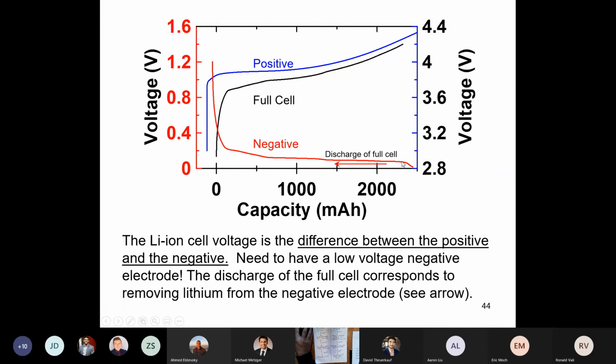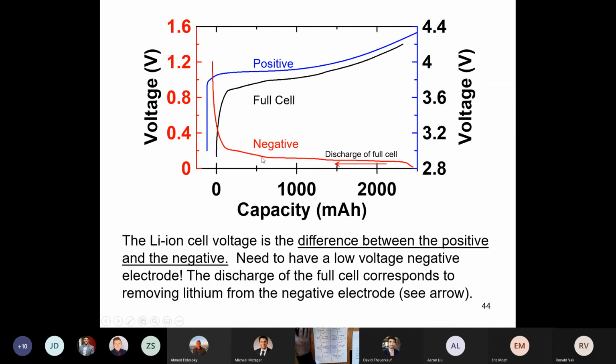And when you're discharging the lithium-ion cell, the lithium ions empty the graphite and fill the positive. They want to be in the positive. They're more tightly bonded in the positive. So that's what happens spontaneously when you connect the wires. The lithium moves through the electrolyte as ions, electrons in the wire, and the positive gets full. Okay.